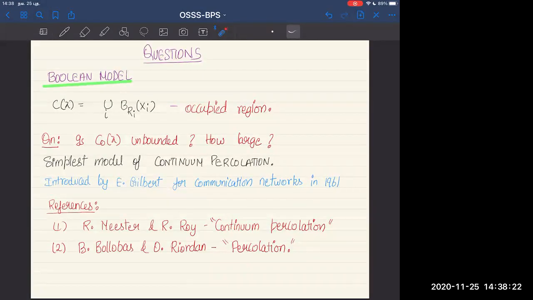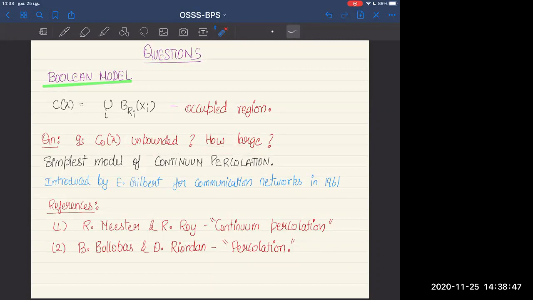The main question is, is C0 lambda unbounded? The first basic question is whether C0 lambda is unbounded. If it is bounded, how large is it? If it is unbounded, for what values of lambda is it unbounded? And how large is it when it is bounded?